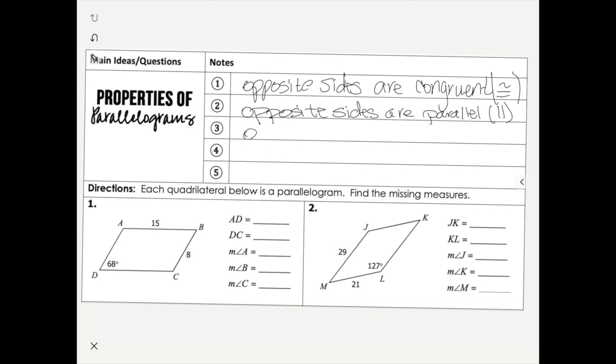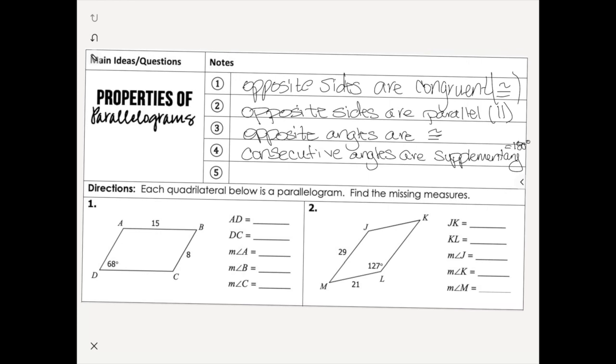Opposite angles are congruent. Consecutive, and consecutive is also the same as same side interior, so consecutive angles are supplementary, which means they add up to 180 degrees.